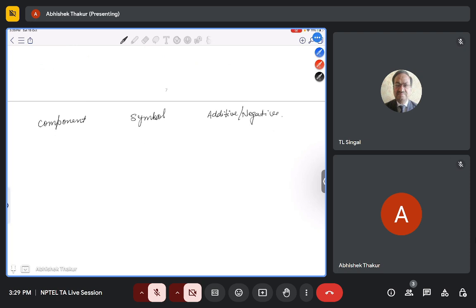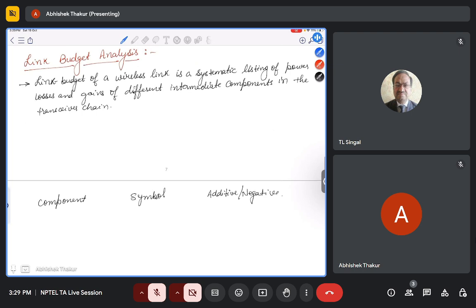So before that we will write the equation for the transmit power given using the link budget.